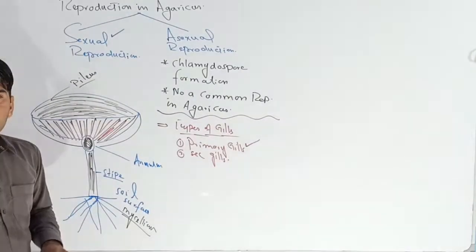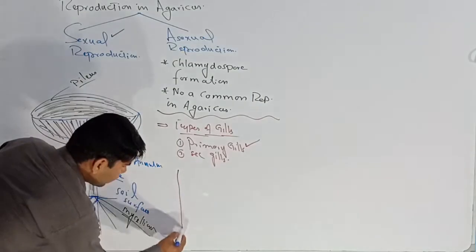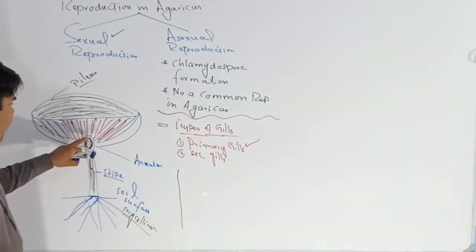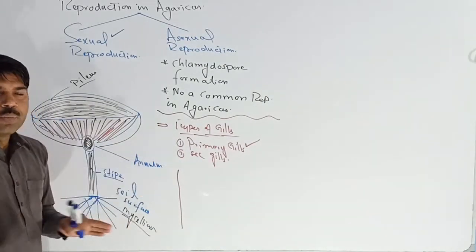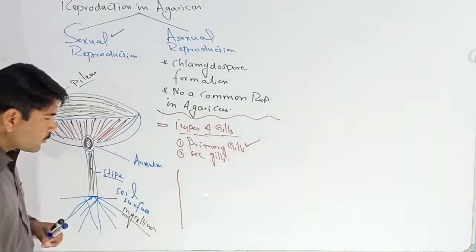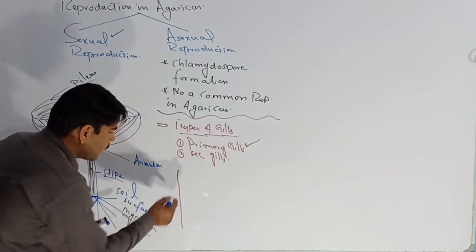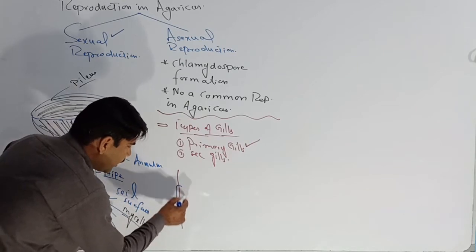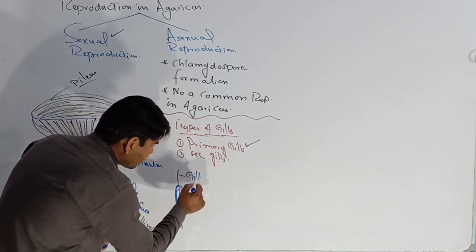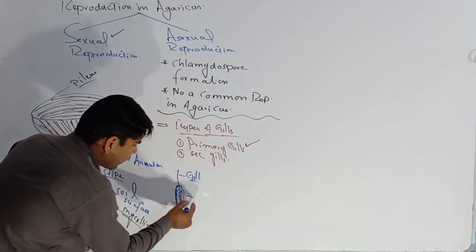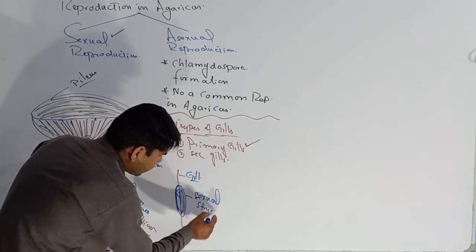How are these primary gills involved in the sexual reproduction? For example, this one is a gill which belongs to this fungus, and this is a primary gill. It means it is a longer gill. Sexual structures are produced in this gill at the middle portion of this gill. So this one is a single gill, and these are sexual structures.